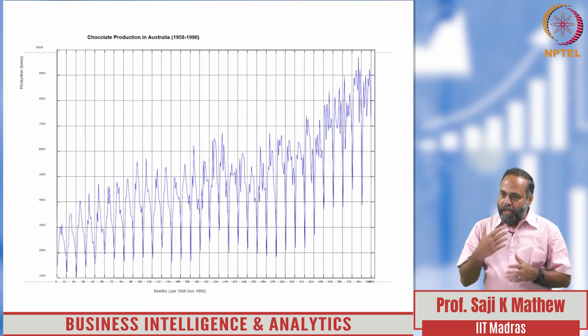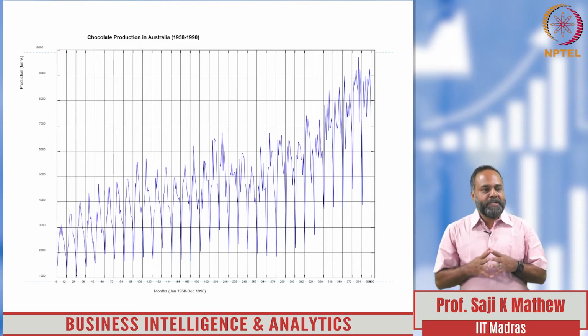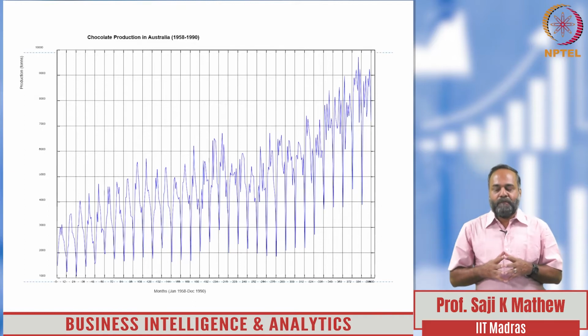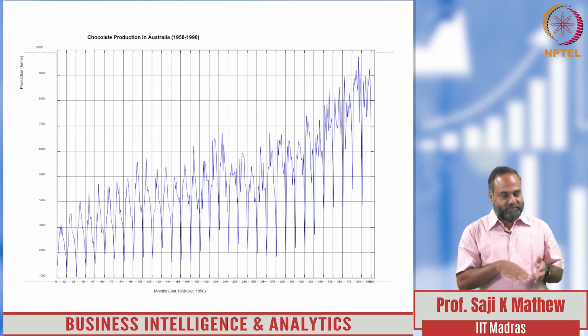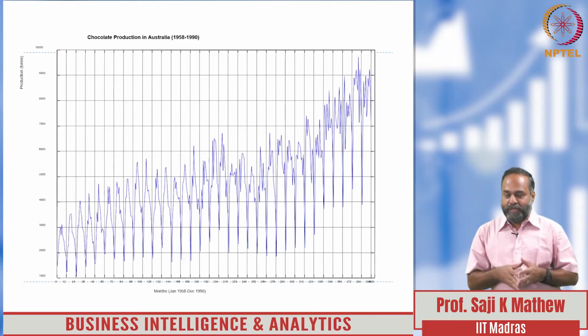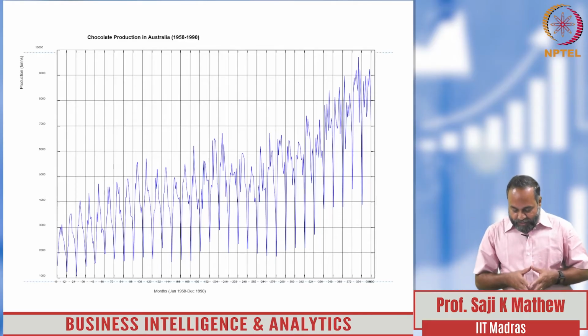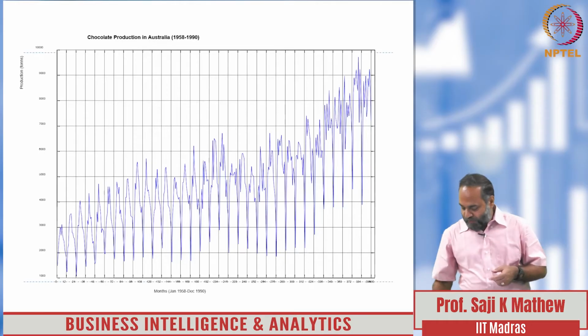So this is a good example of an econometric time series, where the x variable is time. You can see that the x variable is time here. Okay, and so this is showing year-wise data, and it also depicts year-wise variations in the data.